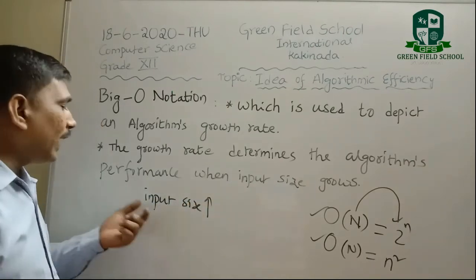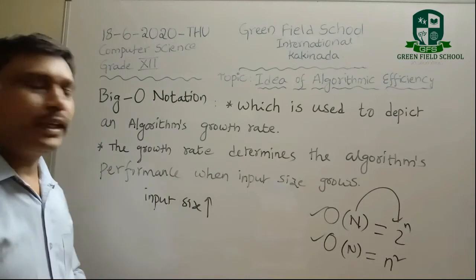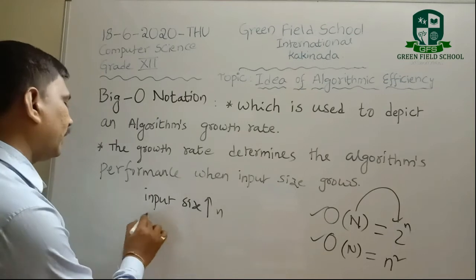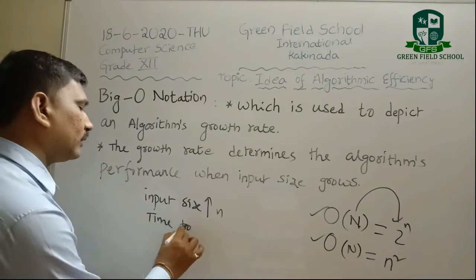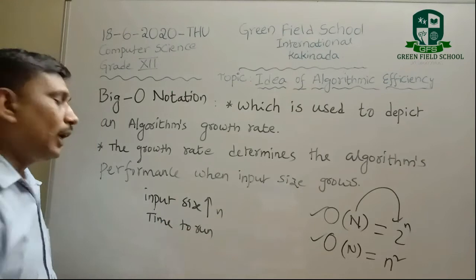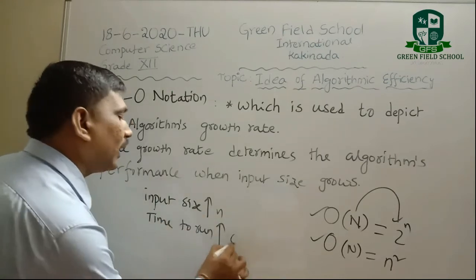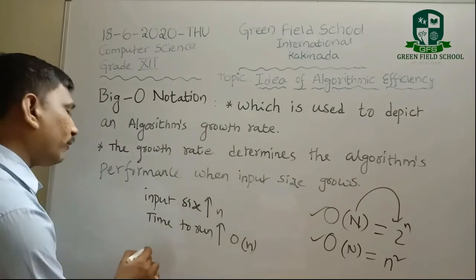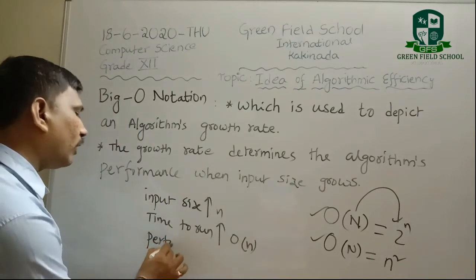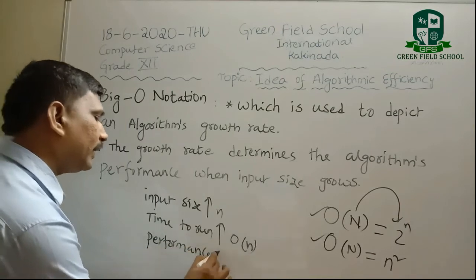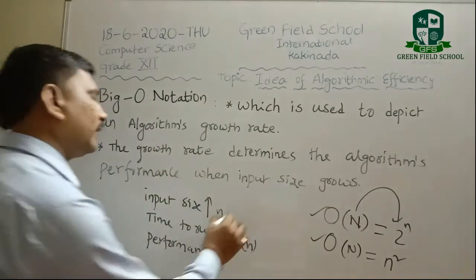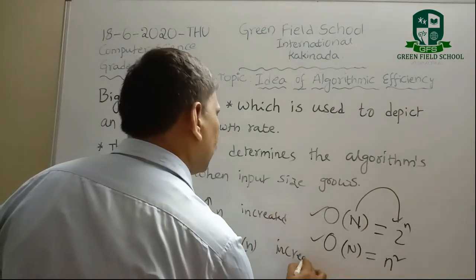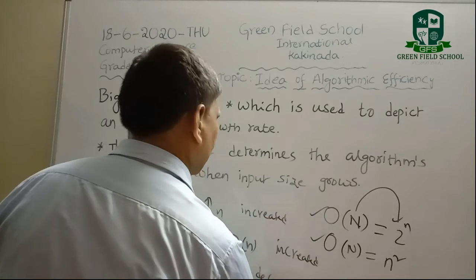when we calculate big O notation, if your input size n increases, then automatically the time to run, that is the time complexity, increases, that is order of n increases. So the performance automatically decreases.